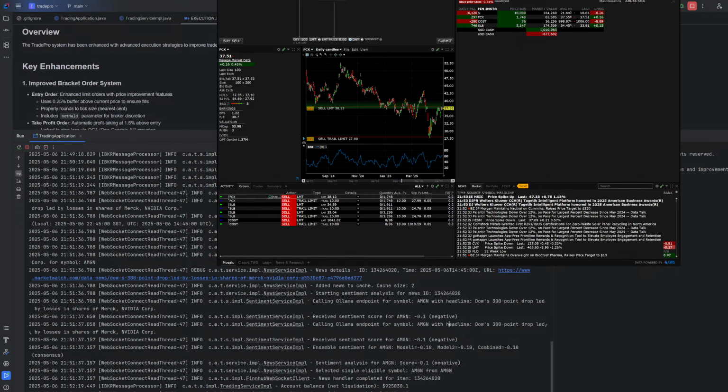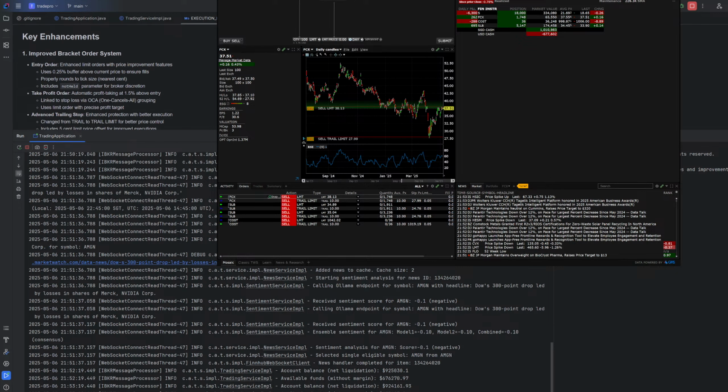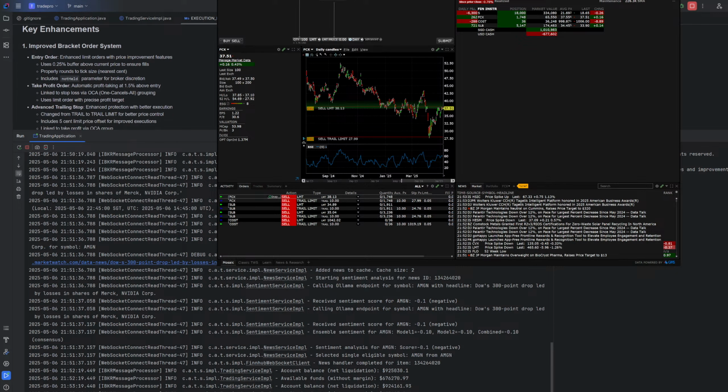So let's say the market has already moved 5% on the positive news for that particular stock, then there's no reason to continue to bid and modify your limit orders. Now you could do a market order. I don't particularly like market orders, but you can modify the bracket order to do it that way. But this is essentially the gist.